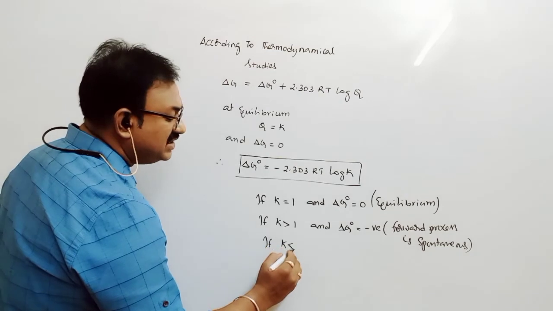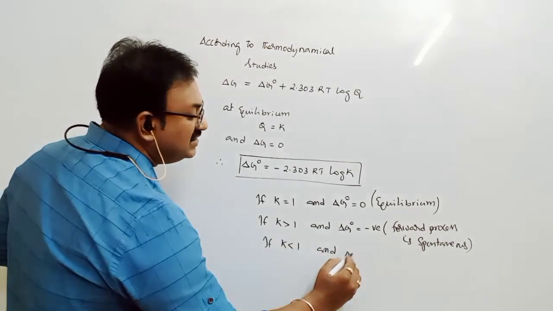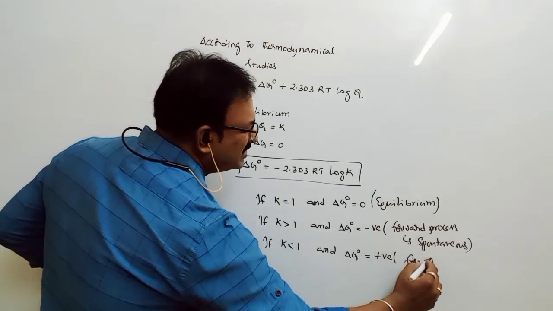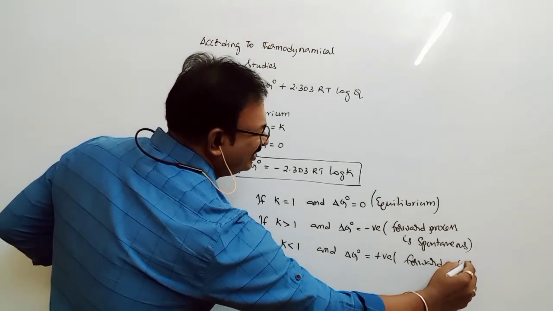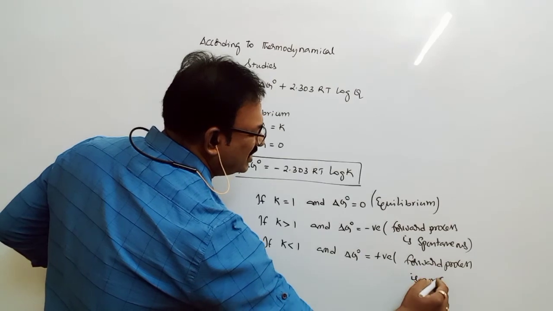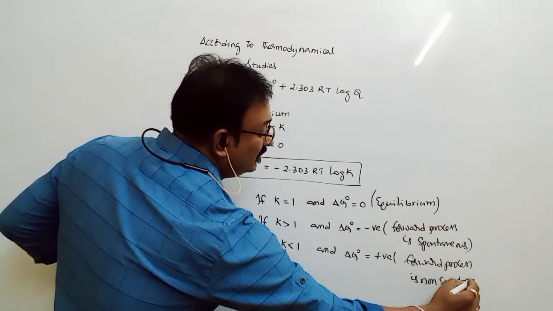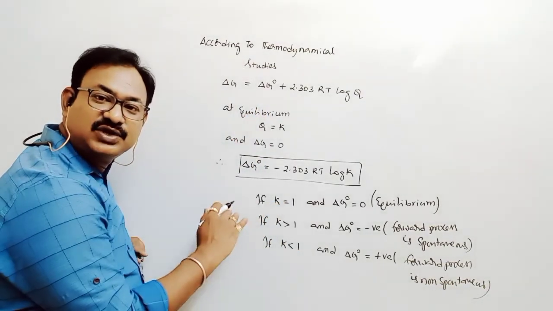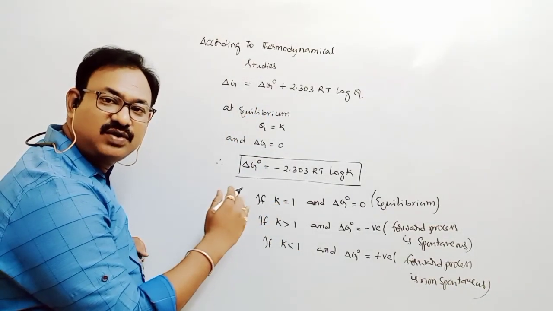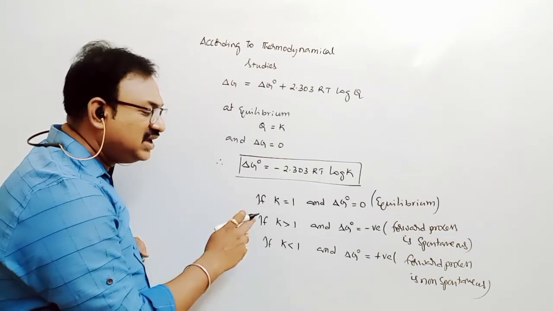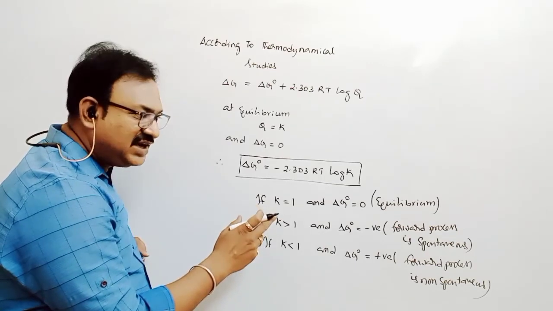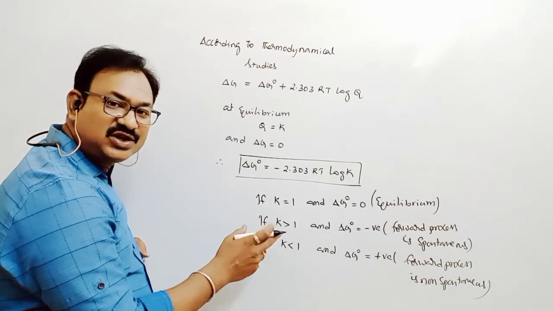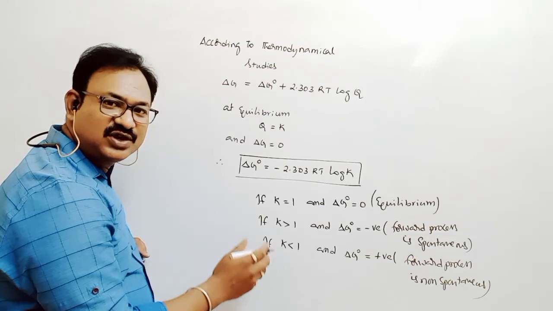If K less than 1, del G naught will be positive, so the forward process is non-spontaneous. Understand? K equal to 1, del G naught 0: process is at equilibrium. K greater than 1, del G naught negative: forward process is spontaneous. K less than 1, del G naught positive: forward process is non-spontaneous.